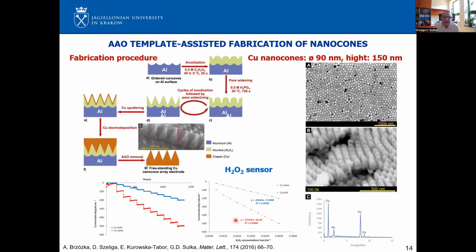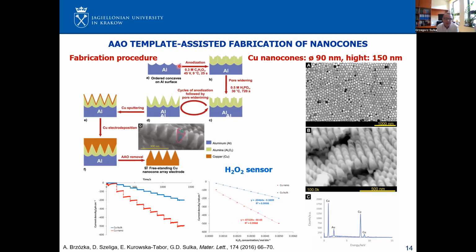Here is an example of preparation of a nanoporous oxide layer with conical shapes of channels and using them for generation of a nanocone array electrode.